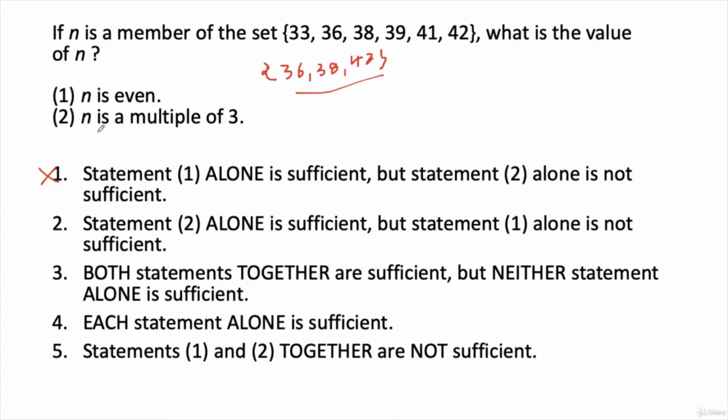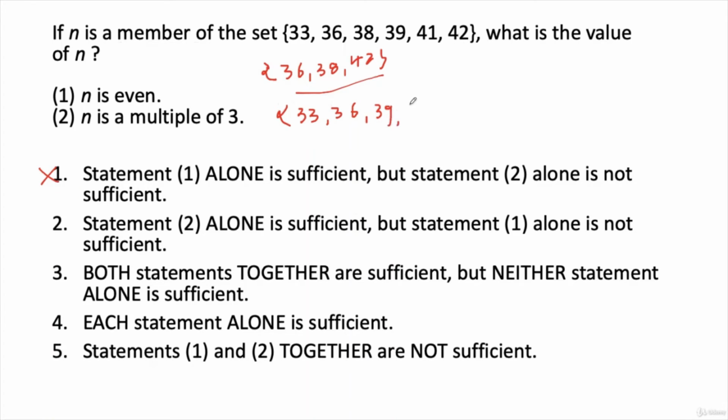Looking at statement 2. Statement 2 says n is a multiple of 3. Creating the set for n being a multiple of 3, we get 33, as 33 is a multiple of 3. 3 into 11 is 33. 3 into 12 gives us 36. 3 into 13 gives us 39.